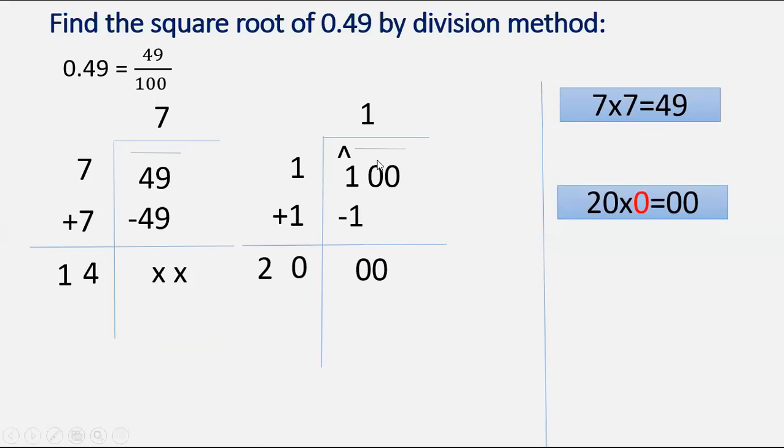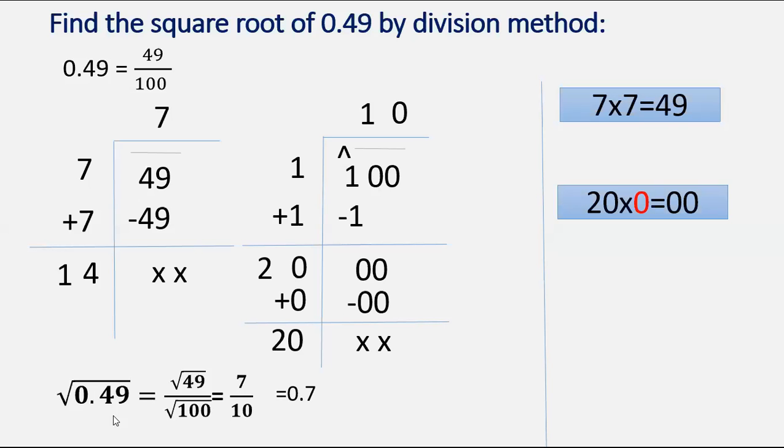So 20 zeros are 0, 0. So here we get the answer: square root of 0.49 is equal to 0.7. We have to mention the answer also in decimal if the question is in decimal fraction.